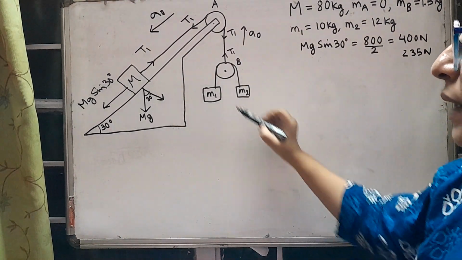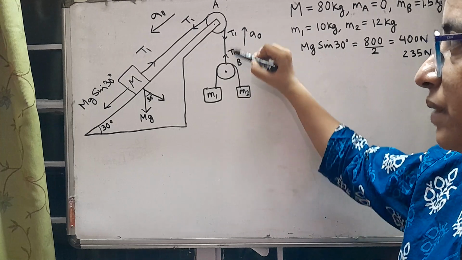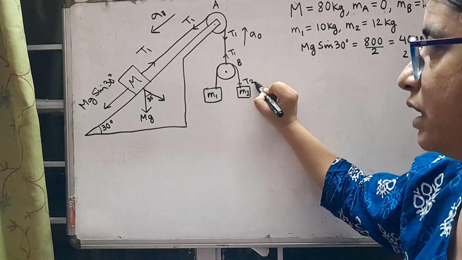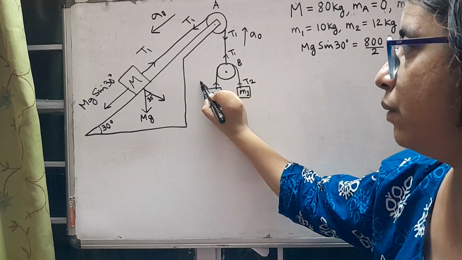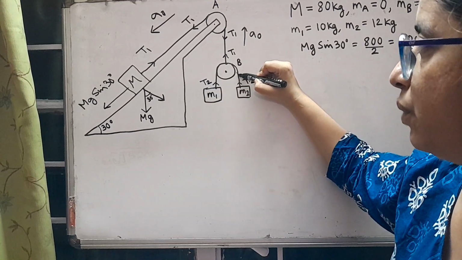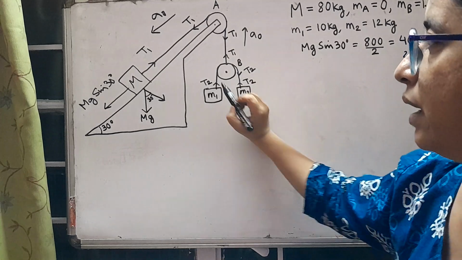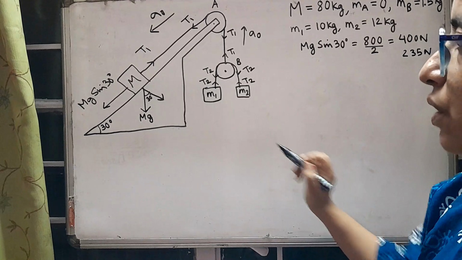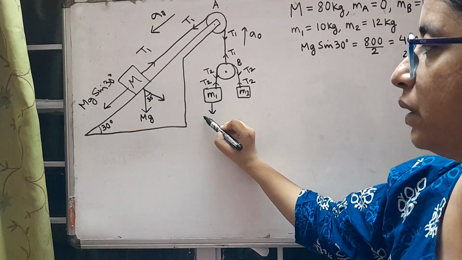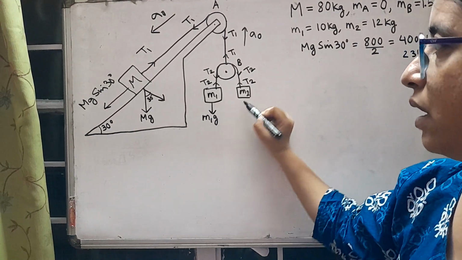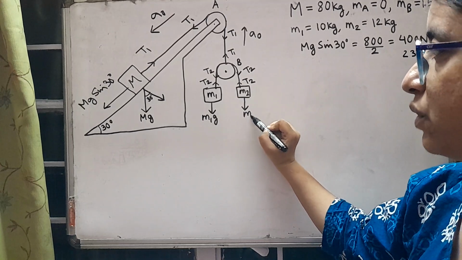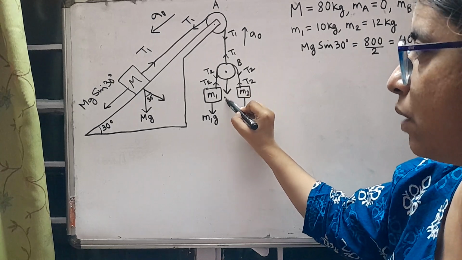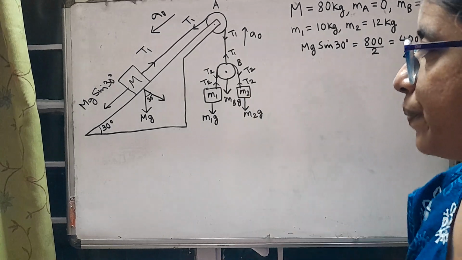Now this string is different from this string, so tension in this string will be different. This will be T2, the pulling on the pulley will be T2, and here also T2, and on top of that you will have the weights acting downward of M1 and M2. Similarly, you will have the weight of B acting downward, MBg.